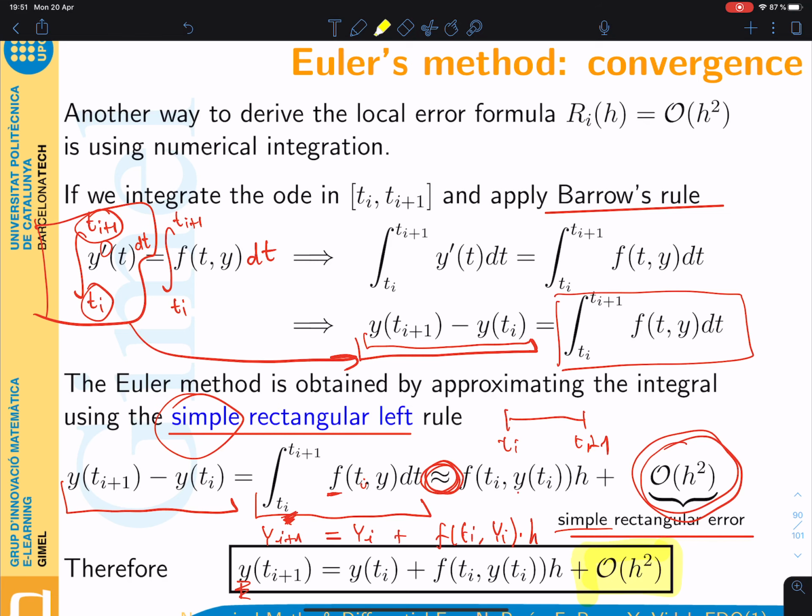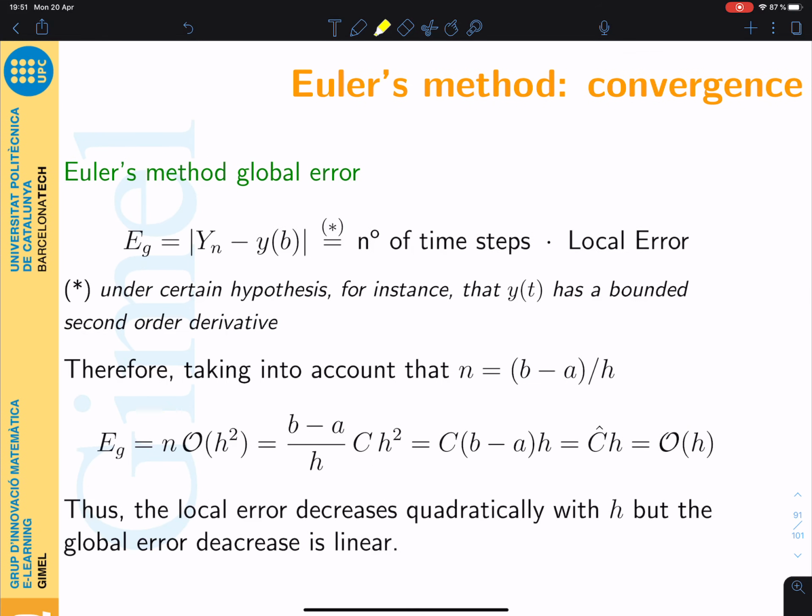Now, this is the local error. What about the global error? Well, the global error is the overall accumulated error after n time steps. So, under certain hypotheses, for instance, that the solution is bounded and has a bounded second order derivative, we can simplify the computation of the global error as the number of time steps times the local error.